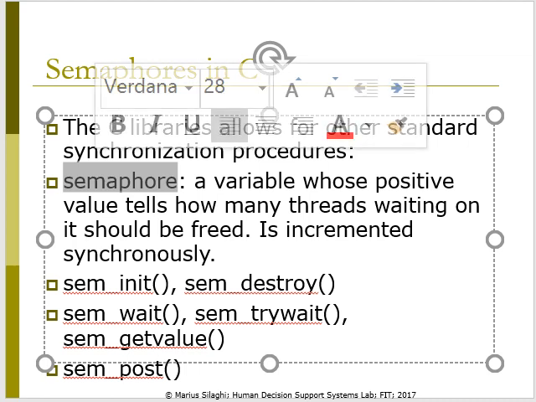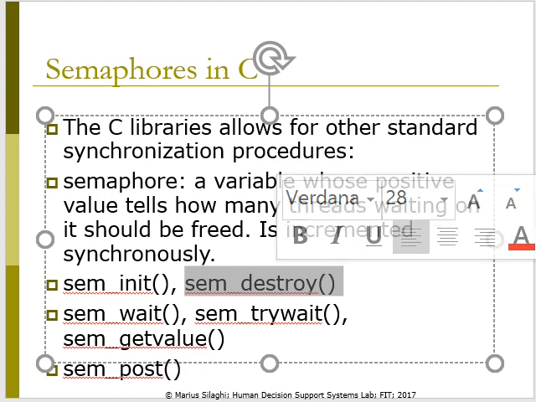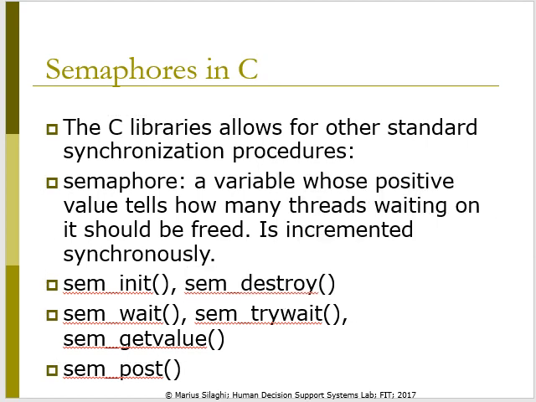And the semaphore is incremented synchronously. A semaphore is initialized with semaphore init and closed with semaphore destroy. It's a resource of the system, so one has to destroy them to let the system know that the resources are available.